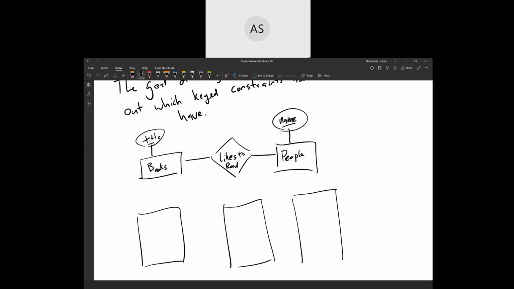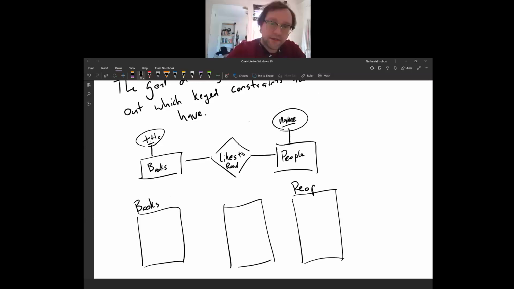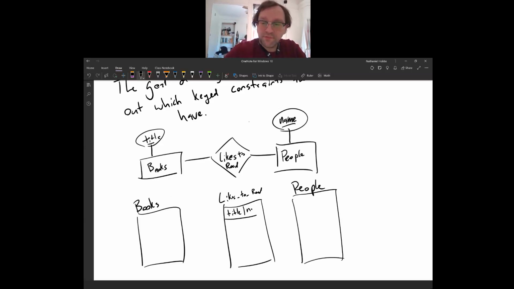So would you have one table for books, one for people, and then one that has title and name? Okay, I'll just call it likes to read, and you say that this would have title and name. And I'm guessing that people would have name and books would have title.